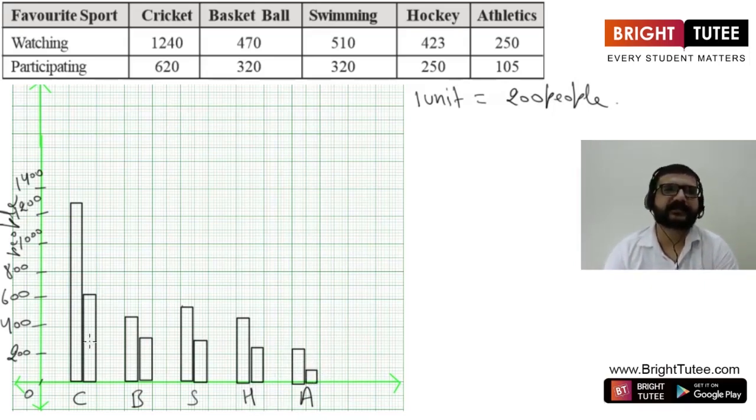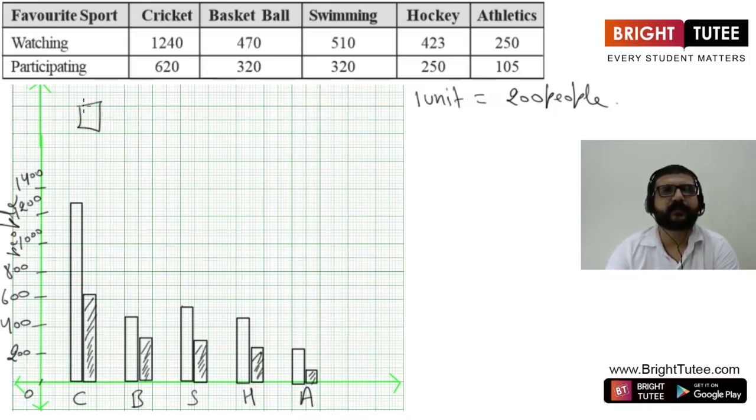Now for the participating bars, or the second bar, what we can do is shade it just to differentiate between both the bars. So the unshaded bars are representing the number of people watching the sports, and the shaded bars are representing the number of people participating in sports.